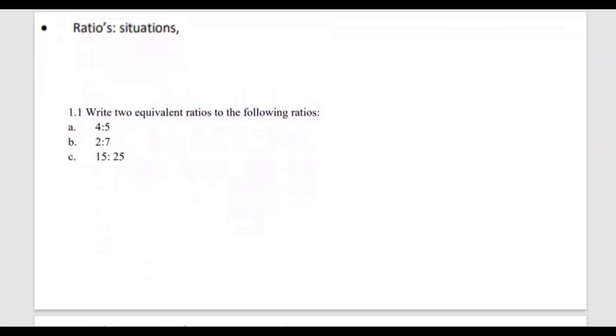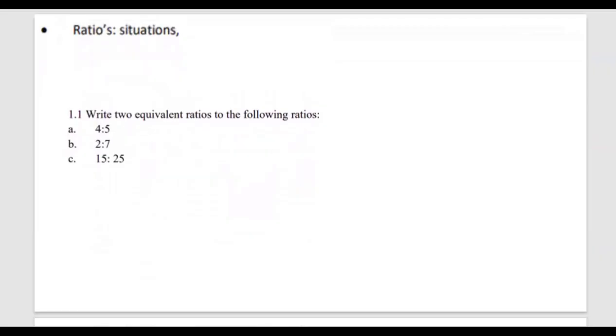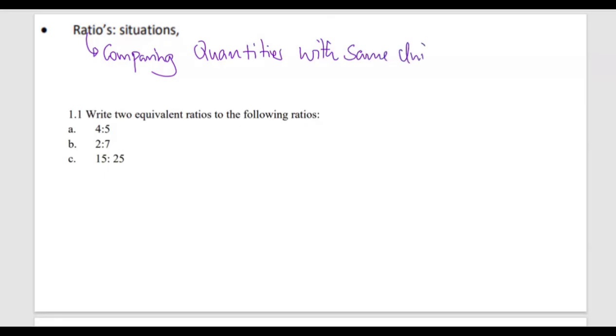Let's look at ratios. Ratios, we use them when we are comparing quantities. Sorry, we use ratios when you are comparing quantities with the same units. What do we mean by that?